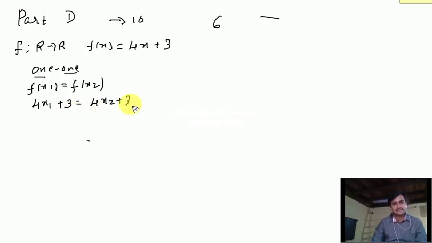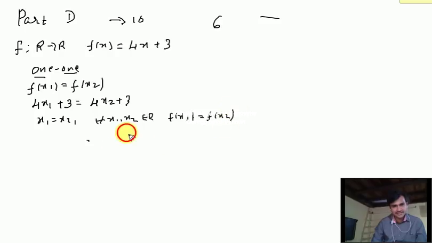You can cancel 3 and 3 on both sides and 4 and 4 on both sides to get x1 equals x2. You need to write the conclusion: for all x1, x2 belongs to R, f of x1 equals f of x2 implies x1 equals x2. A very easy proof for one-one.